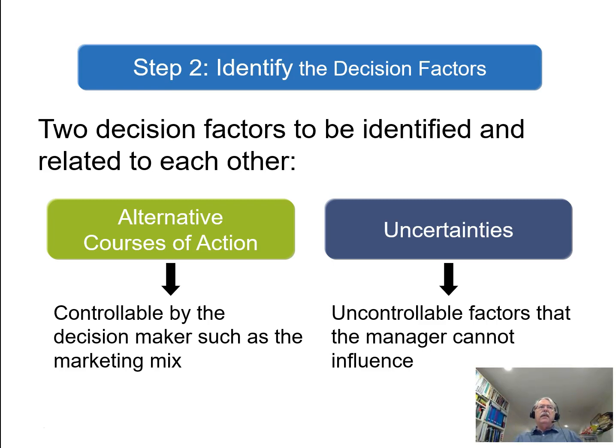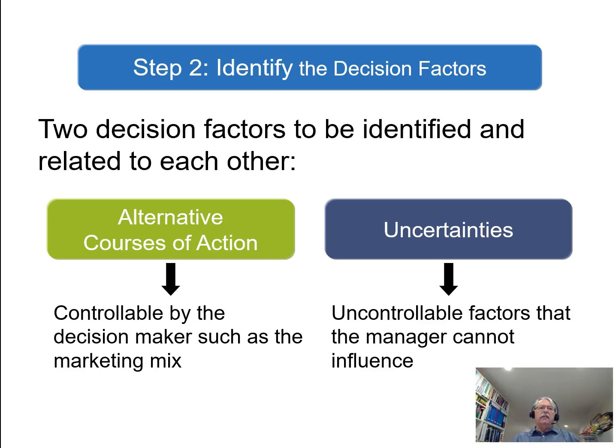So if we're looking at the decision factors, there are two decision factors which need to be identified, and they're related to each other. There are always alternative courses of action, and there are controllable factors which any planner can use to help them achieve their objectives.